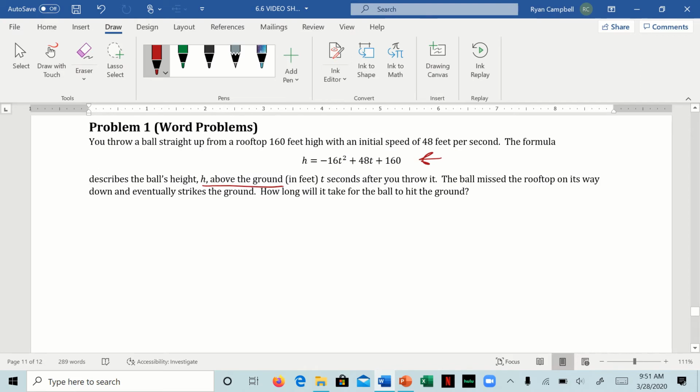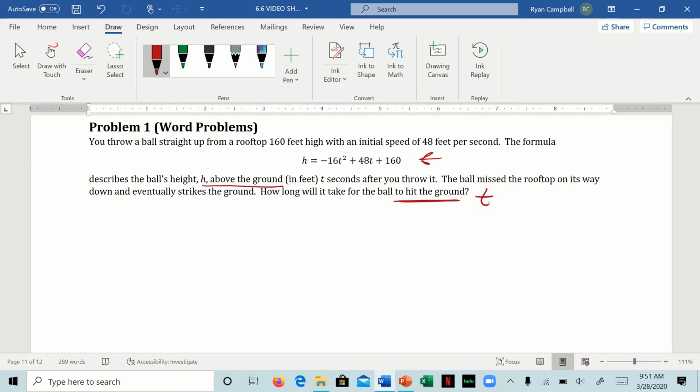All right. So what letter are we trying to solve for? Are we trying to solve for h or are we trying to solve for t? So we look at our question. How long will it take for the ball to hit the ground? Hopefully you can see that that's a t question, right? Time? How long? So we're trying to solve for t, which means that we should have an h. So what is our h? If it hits the ground, what's h going to be?